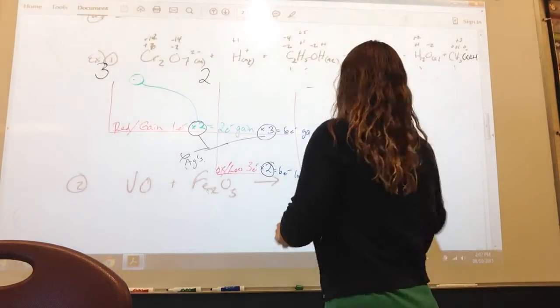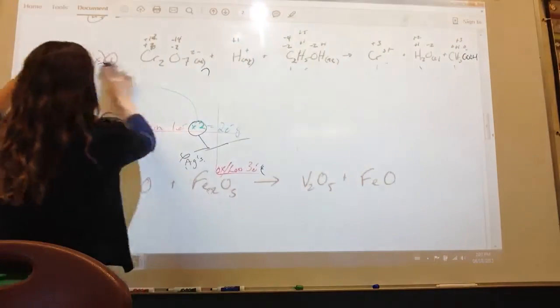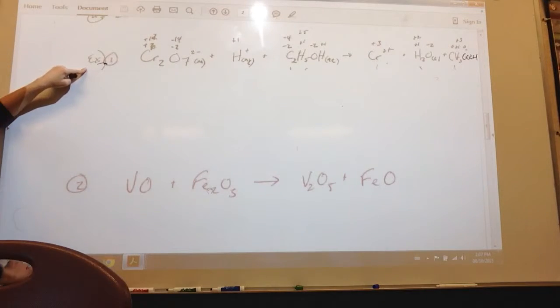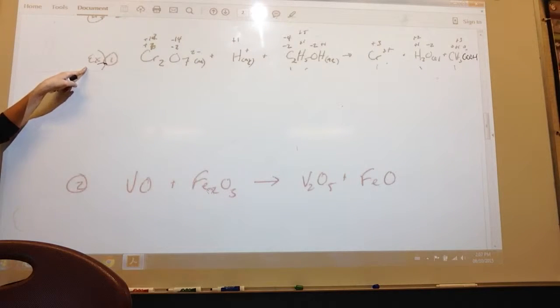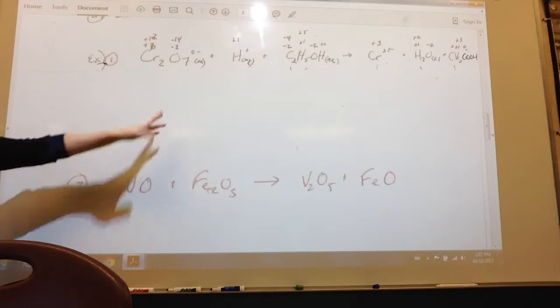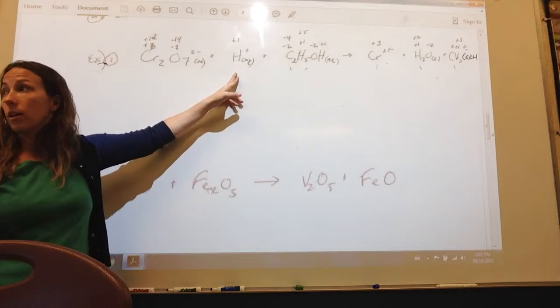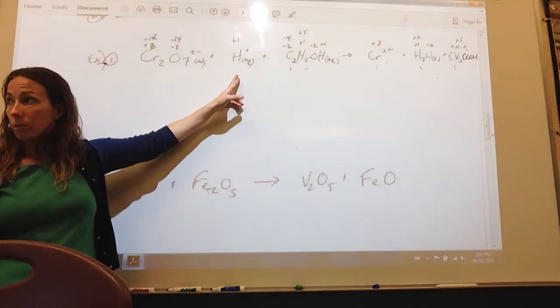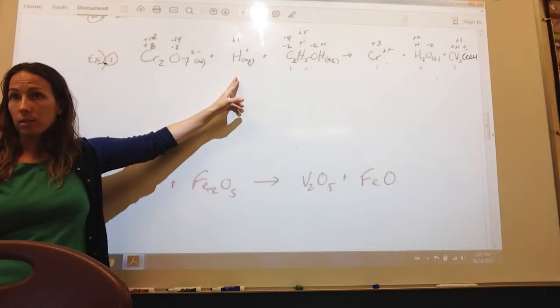There is no way I would have given you this equation to balance in Science 10. Do you agree with that? Because there's no charges in Science 10. I don't acidify a solution. So I wouldn't have ever asked you to balance this in Science 10.